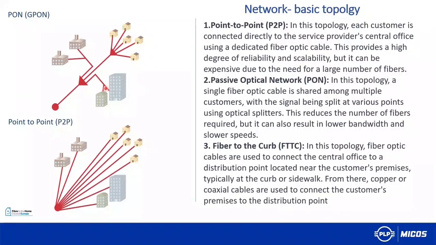You can see here that this is the PON: one splitting here, another one here. The splitting ratio can be different; it depends how the designer will calculate it. And point to point is, as I said, from the central office all the way to the houses, factories or apartment buildings.